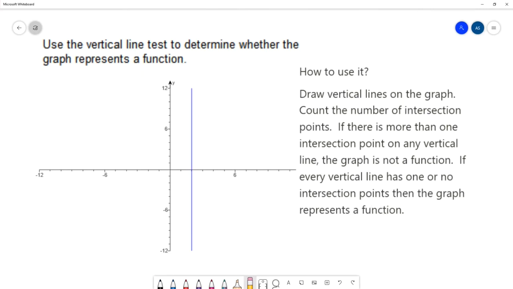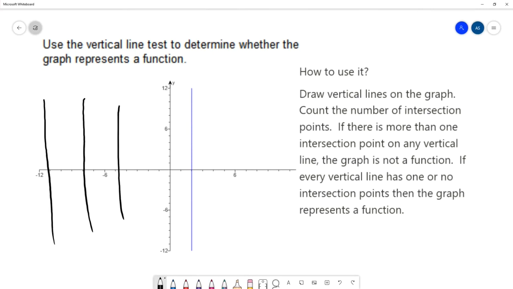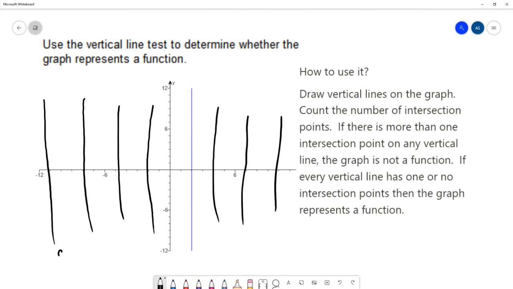So the particular graph that we have here is a vertical line. So if we're doing the vertical line test, all the vertical lines that we draw away from the vertical line have no intersection points. But if we were to draw a vertical line on top of our vertical line, this is going to have infinite intersection points.